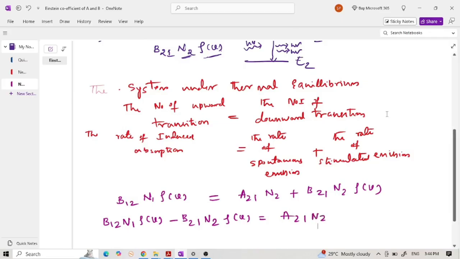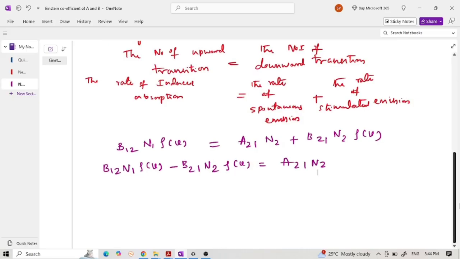So rho nu is equal to A21 N2 divided by B12 N1 minus B21 N2.